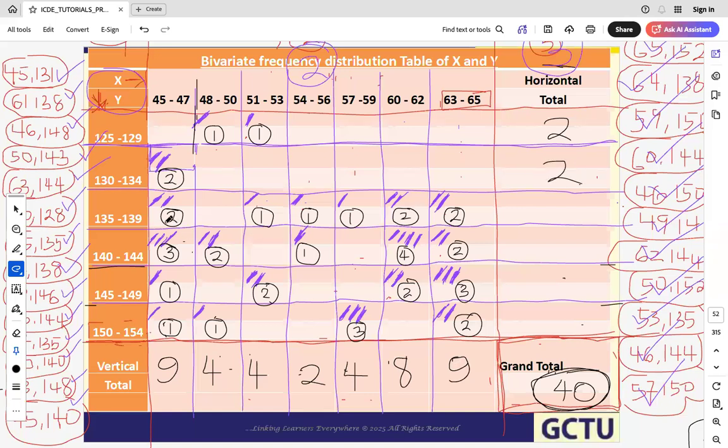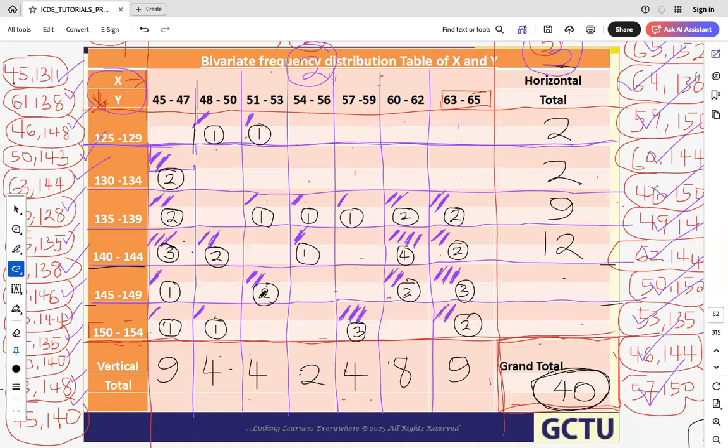Then we move again from left to right. 2 plus 1, 3. 3 plus 1, 4. 4 plus 1, 5. 5 plus 2, 7. 7 plus 2, 9. So we record. Then 3 plus 2, 5. 5 plus 1, 6. 6 plus 4, 10. 10 plus 2, we have 12.